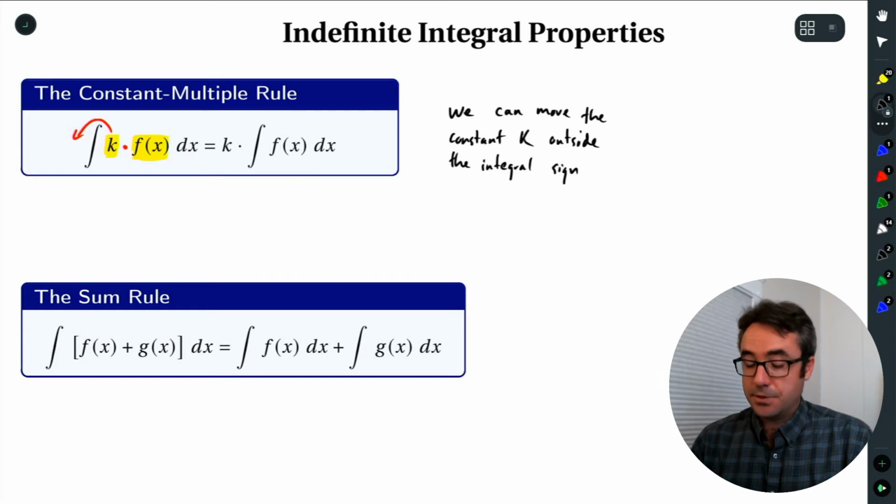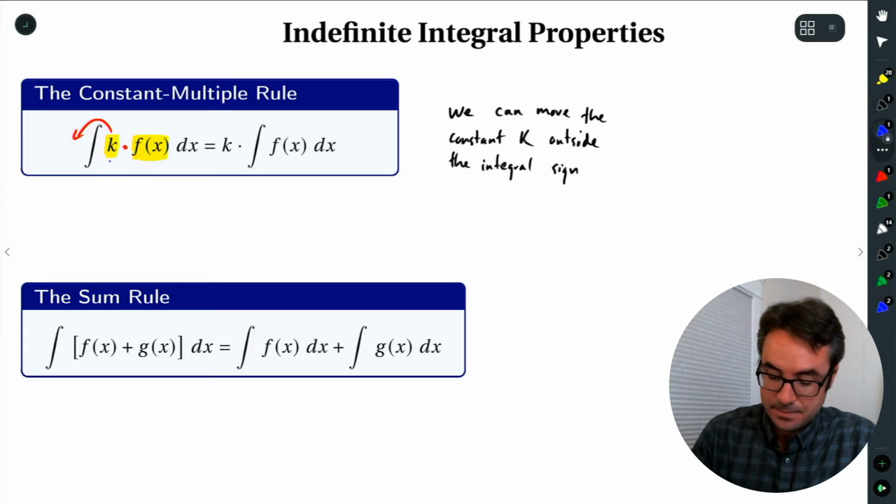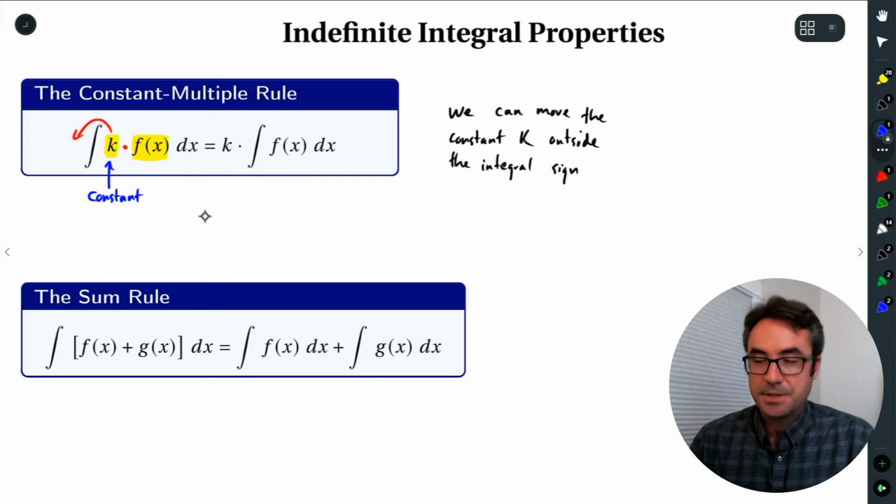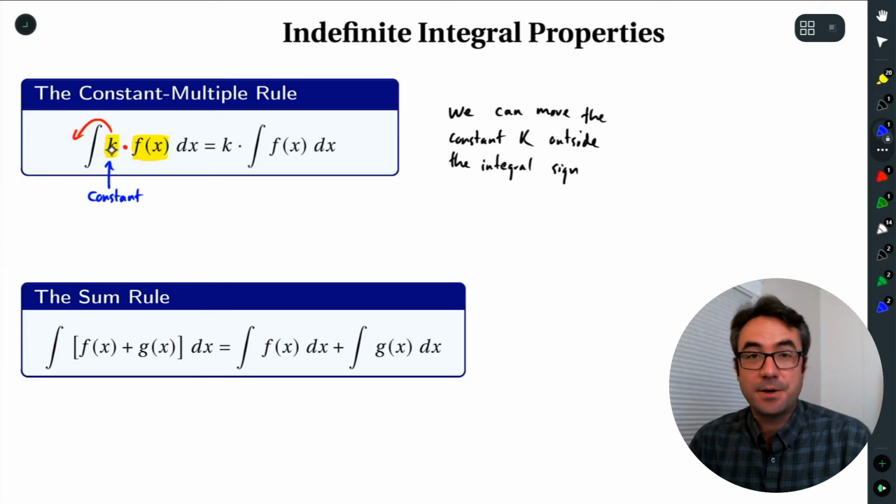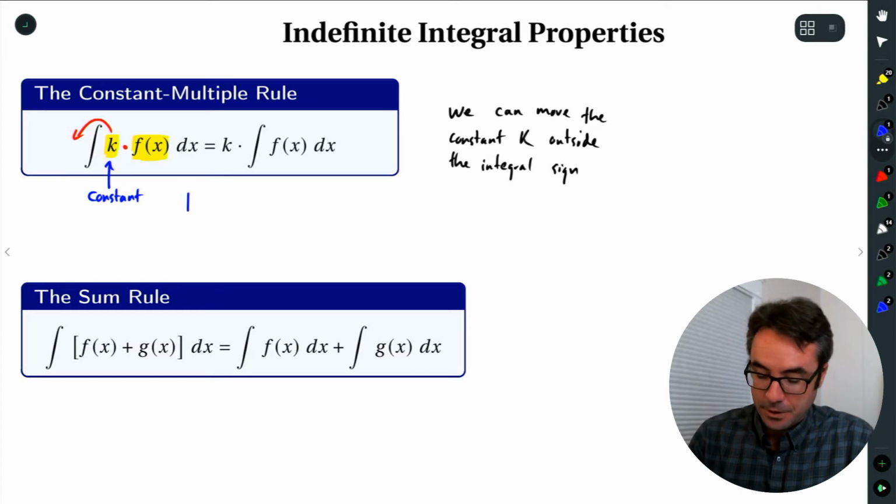All right, so it's important to note here, k needs to be a constant. If k is a variable, this property wouldn't work. So a quick note here, but this is important.